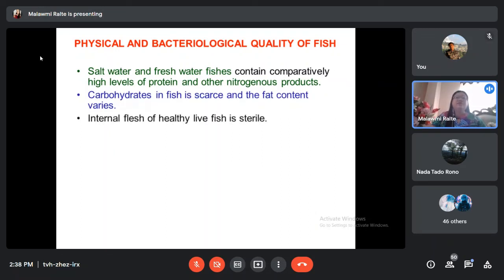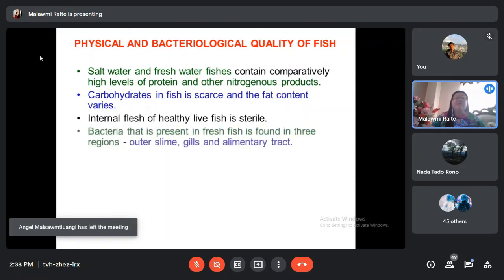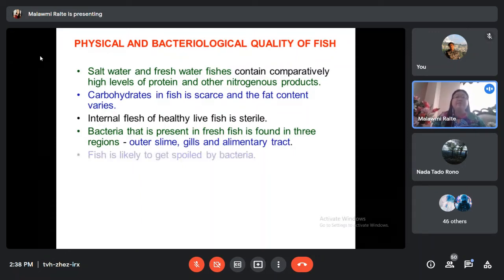The internal flesh of the healthy live fish is sterile, and bacteria present in fresh fish are found in three regions: mainly the outer slime, the gills, and the alimentary tract. In these three main positions you will get more bacteria. And among the three, in the gills you get more.